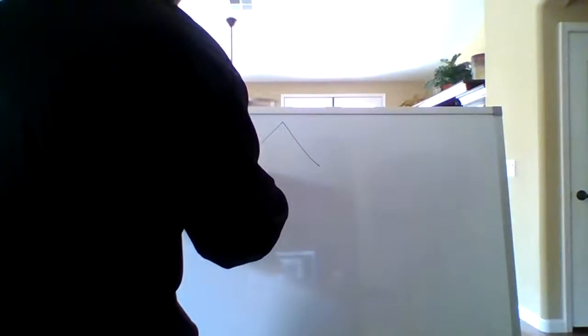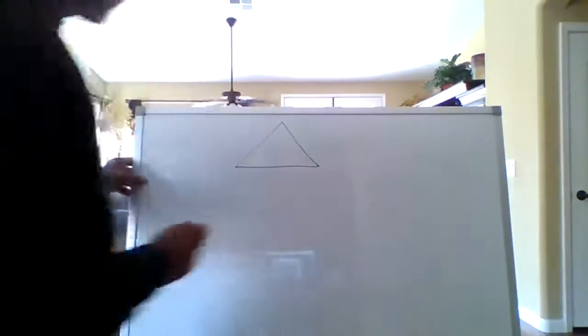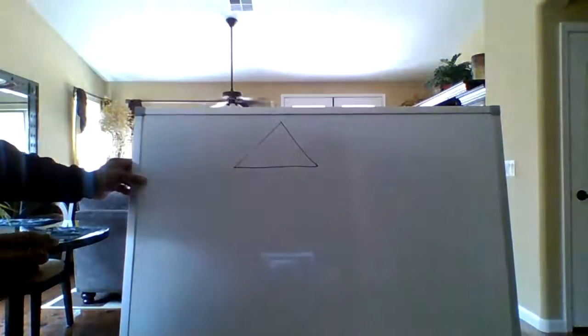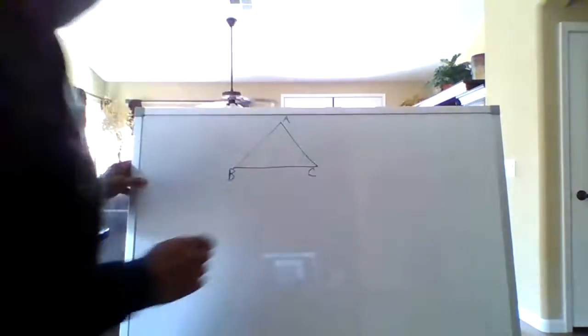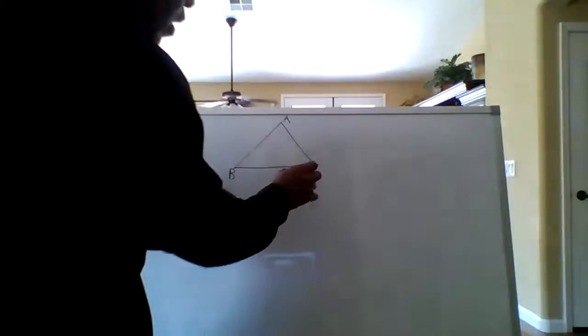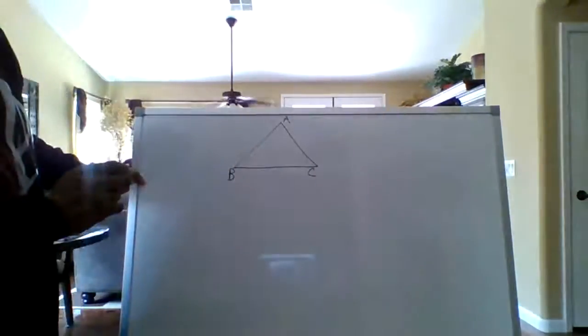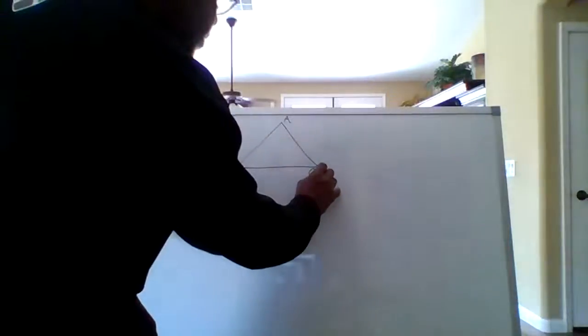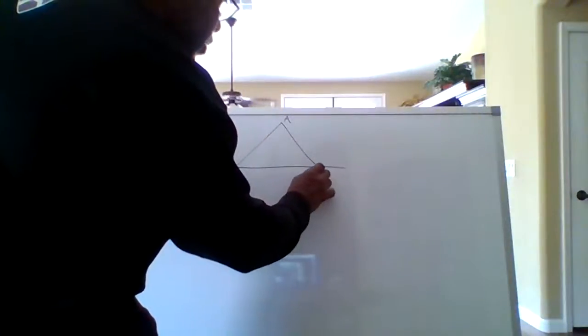So I have this triangle. I'm going to call it triangle ABC. Okay. Now I'm going to extend this a little bit.